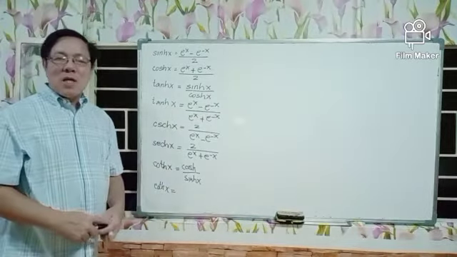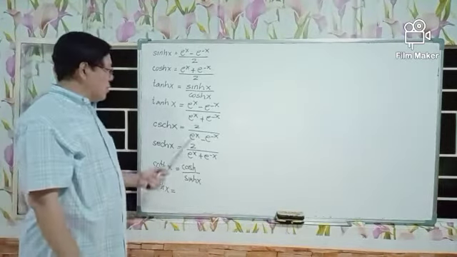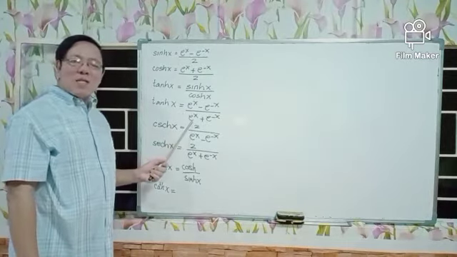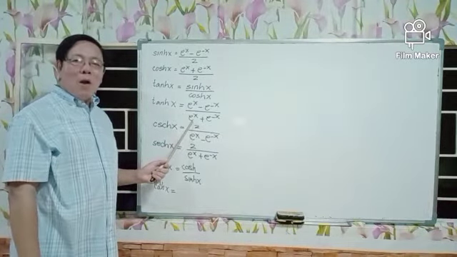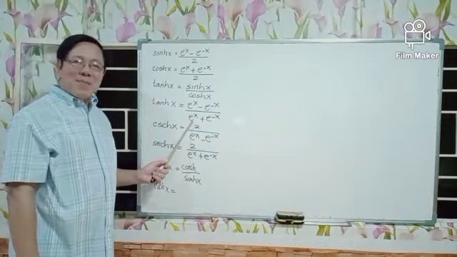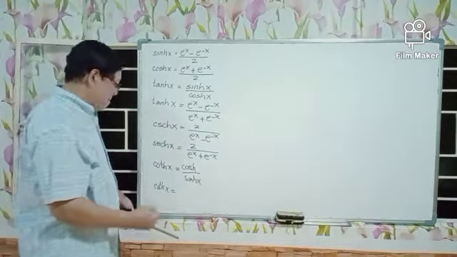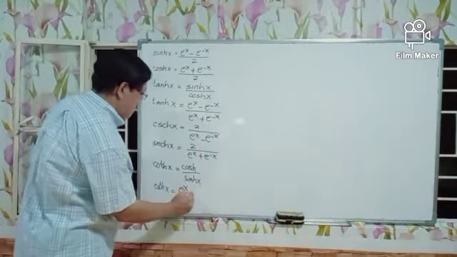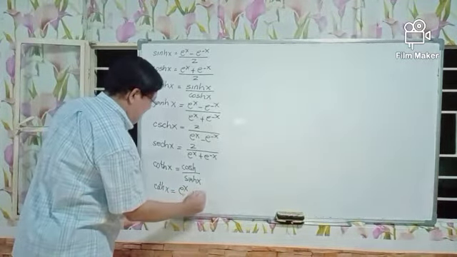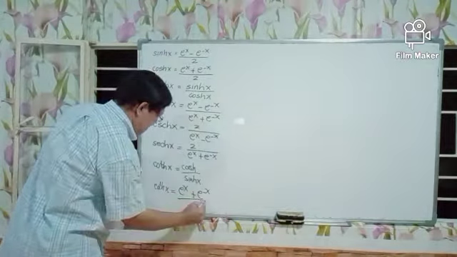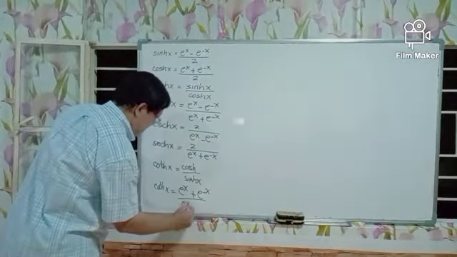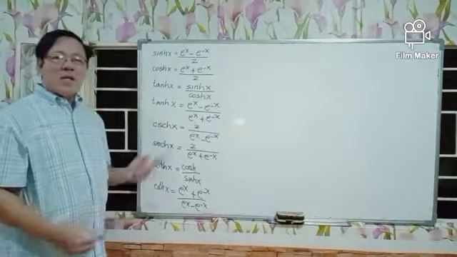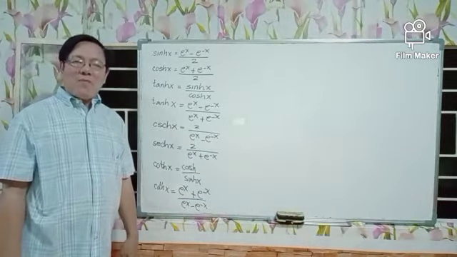Or the hyperbolic cotangent of x is equal to e to the x plus e to the minus x all over e to the x minus e to the minus x. And there we have the 6 hyperbolic functions.